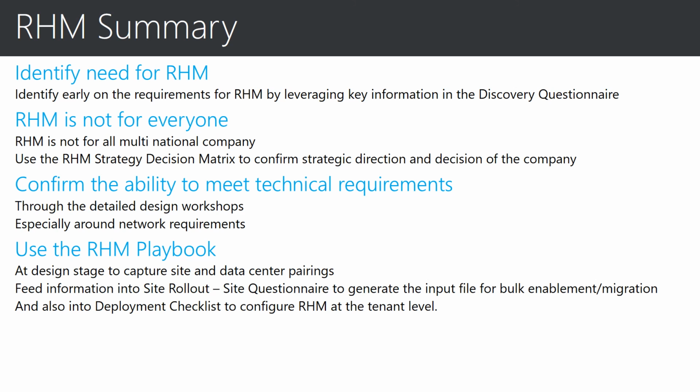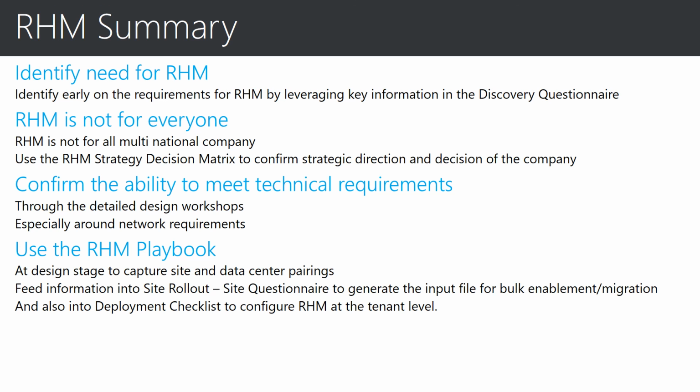Use your technical understanding of RHM that you obtained from the Skype Academy Technical Readiness contents on RHM to support you in the detailed design workshop. Once all of the infrastructure requirements are in place or detailed design has been established, use the RHM playbook to capture the pairings of sites and Skype for Business Online preferred data locations and feed that information to the site rollout site questionnaire.